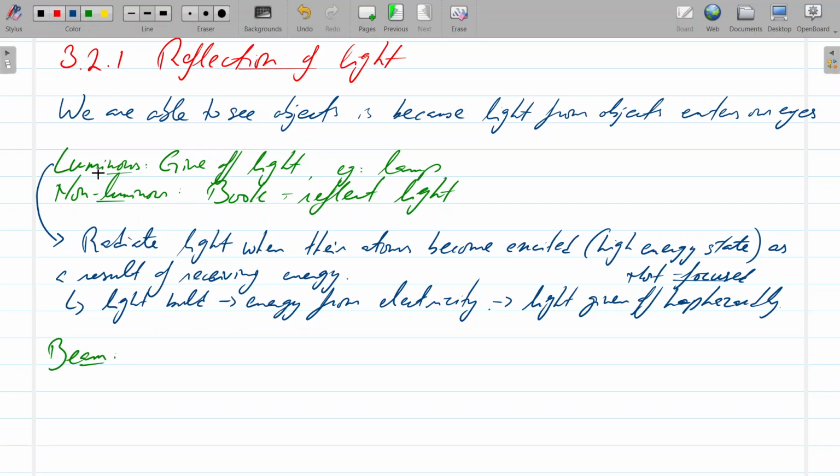If I give you a proper definition for that, it is rays of light that are parallel to each other and are focused in a particular direction.